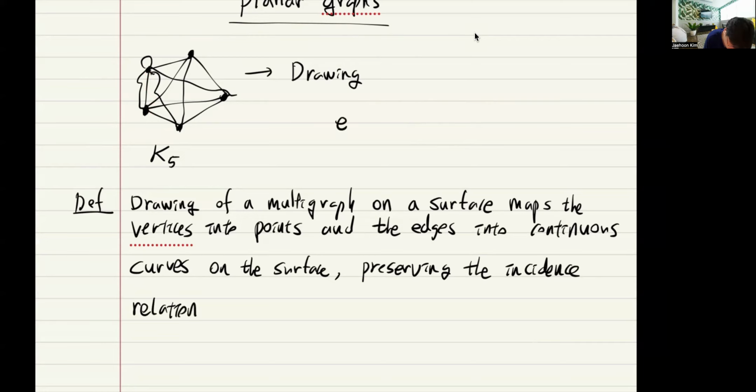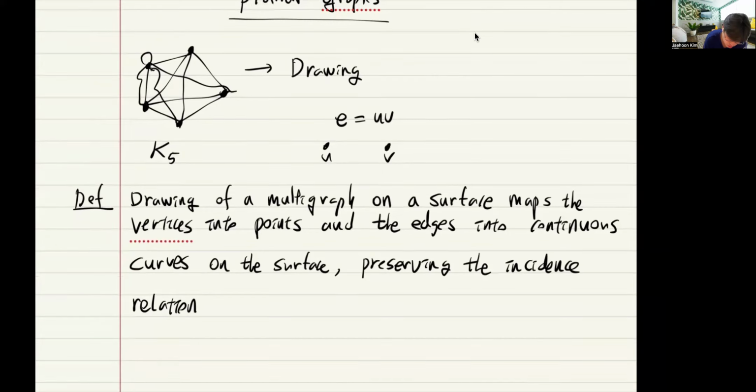If e is like uv, between u and v, then on this drawing, we have this point, which is the image of this vertex u, and this point, which is the image of this vertex v, and that should be mapped into a continuous curve which is incident to both of them. So it starts here and it ends here.